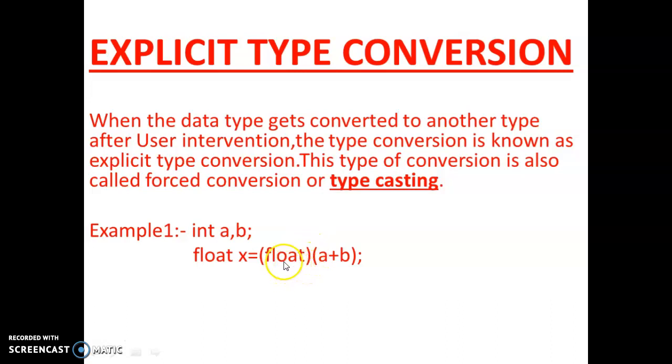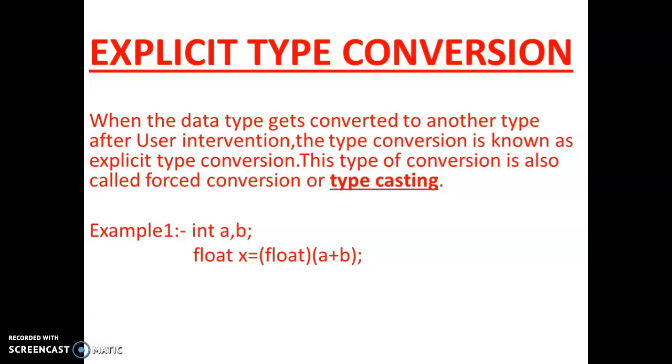Suppose in my example float is written, so this integer is automatically changed to float and then it's stored in a float type variable which is x. So here I forcibly change integer to float type, and this type of conversion is called explicit type conversion or typecasting. Is it okay with you?